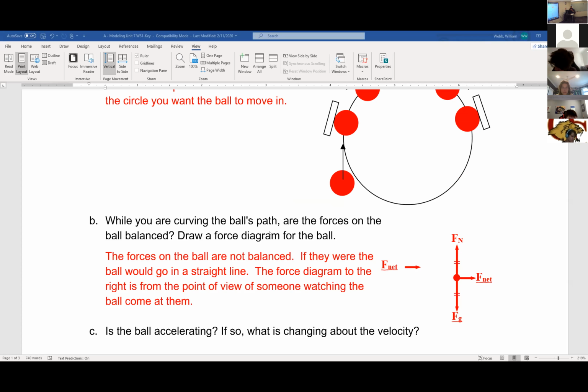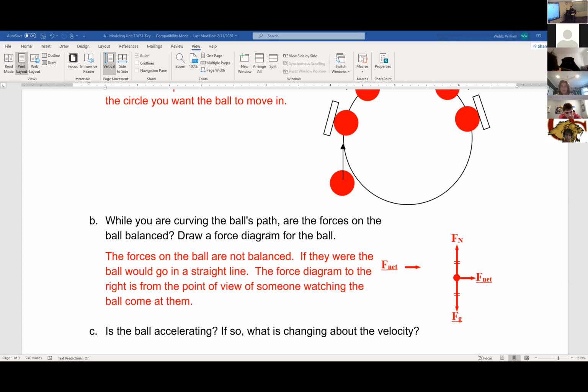But if we look at the ball from the side, the ball has weight downward, and the floor provides a normal force upward, and those would be balanced because the ball doesn't rise or fall. But there is that net force to the side. Now, how you draw it on your paper just depends on where the center of the circle is, in terms of which way that points, but just showing that it would be perpendicular to those other two forces, right?